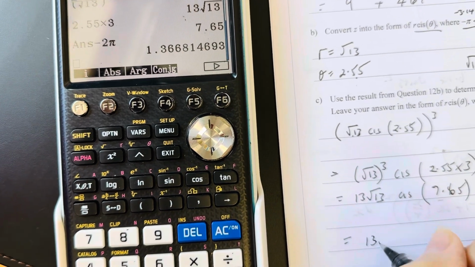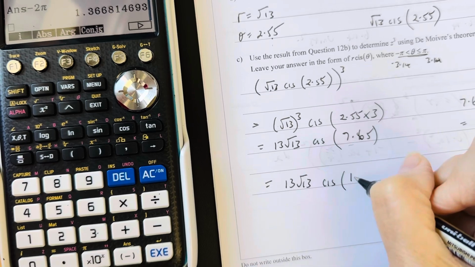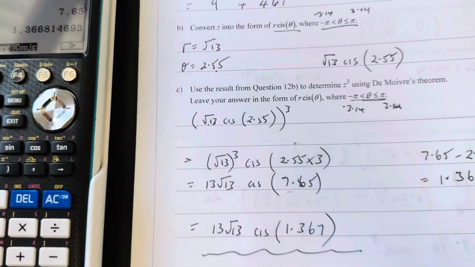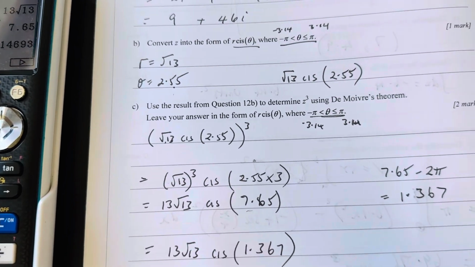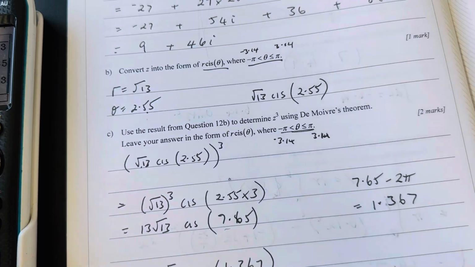So this is 13 root 13, cis 1.367. That's my answer. It's in polar form and my theta is in the correct range.